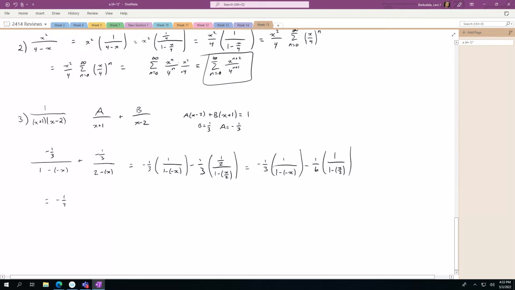Which will get me negative 1/3 sum from n equals 0 to infinity of negative x to the n, minus 1/6 sum from n equals 0 to infinity of x over 2 to the n. And there's possibly a little bit of simplification you could do, but for now, I think that'll do.